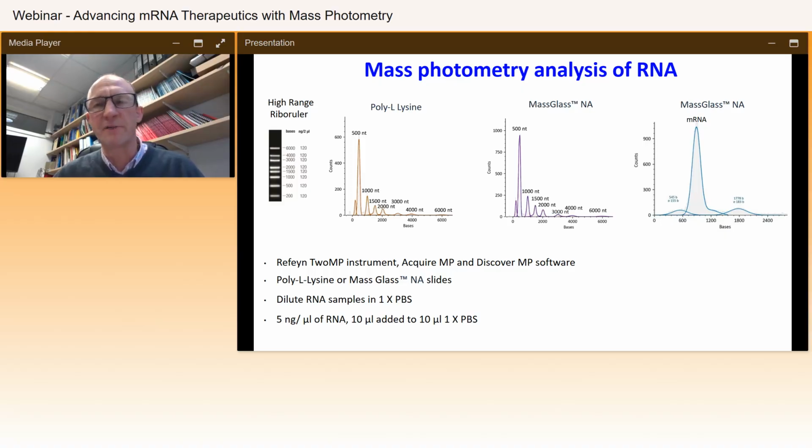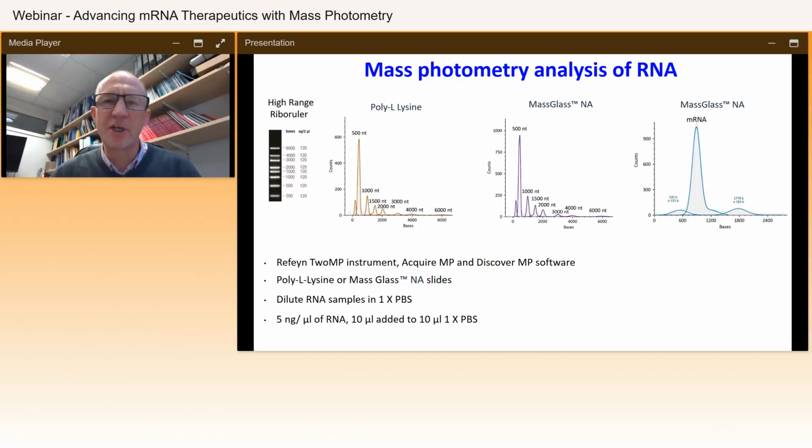We've got the mass photometry information generated either using our own in-house polylysine slides or on Refeyn's MassGlass nucleic acid slides. Here's a typical example of the data for the different RNA markers. You can see we can now measure the different signals for each of the different sizes of RNA markers, all the way from 500 to 6,000 nucleotides in length.